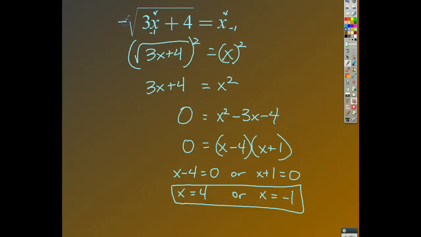Now, if this was a negative here, the negative 1 would work, but the 4 wouldn't, okay? So that one is known as an extraneous solution. So you just ignore it. So x is equal to 4.